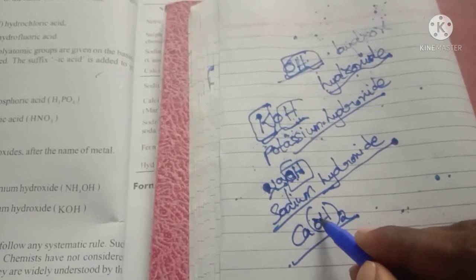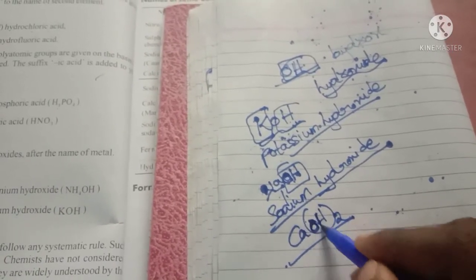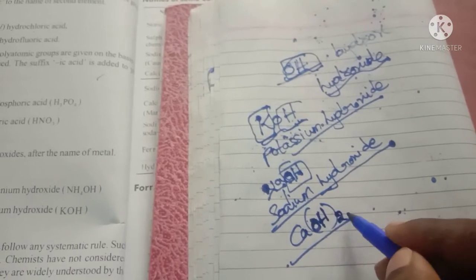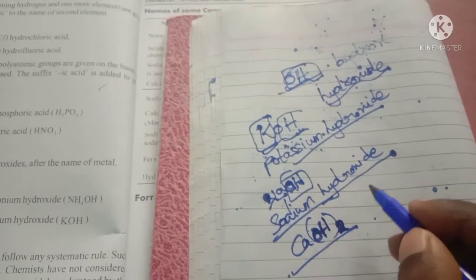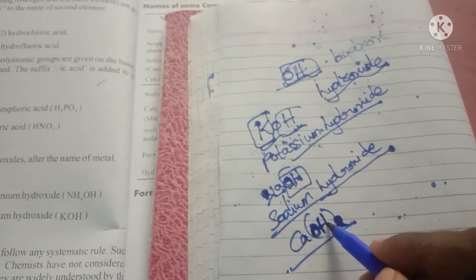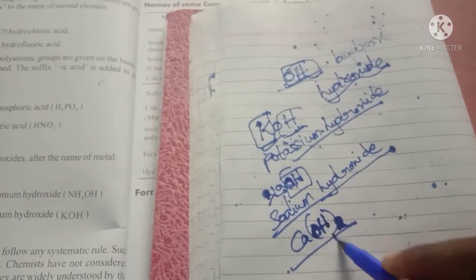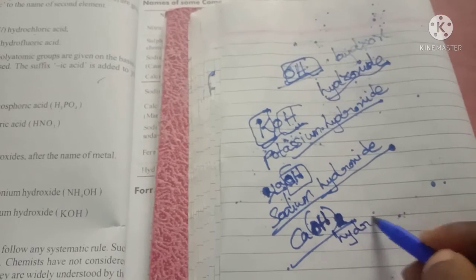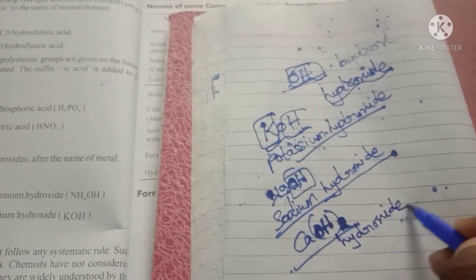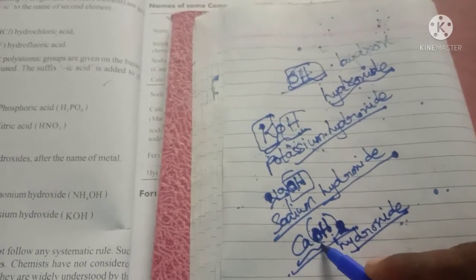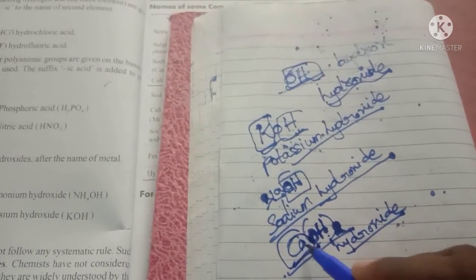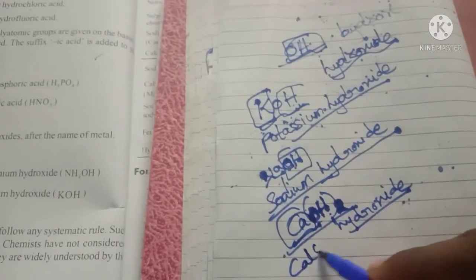By looking at this formula you found OH. Forget about the subscript, whether it is 2, 3, 4, whatever, first of all leave it. You found OH, so you add hydroxide. You confirmed that this is a base. Now look at this, what is Ca? Ca is the symbol of calcium.